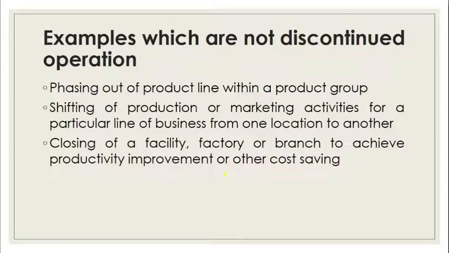So, phasing out a product line within a product group, shifting of production or marketing activities for a particular business. So, kanina yung product line within a product group is, it would depend po sa business. Like, for example, let's say San Miguel, di ba, mag-phase out lang sila ilang San Mig Light. So, dili na siya matawag nga discontinued operation, no?